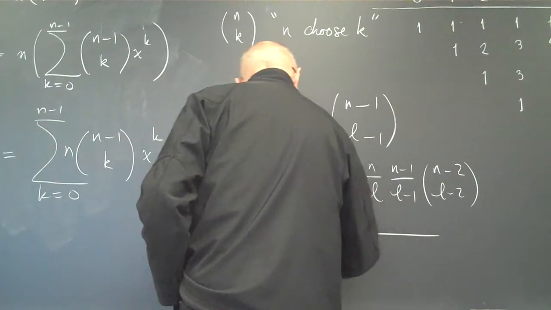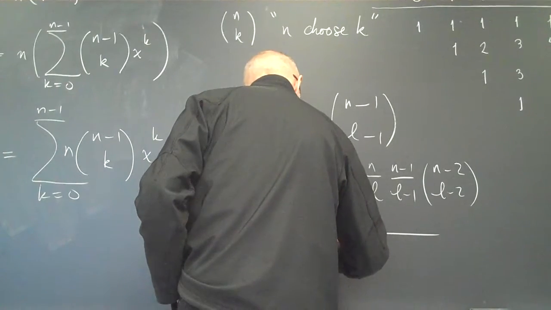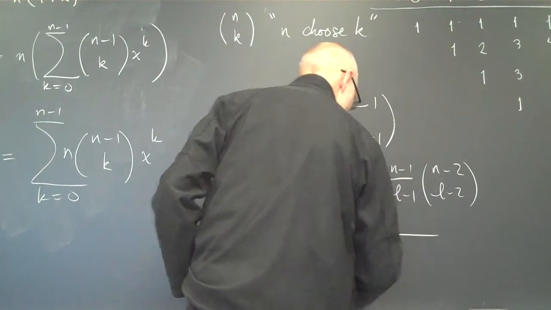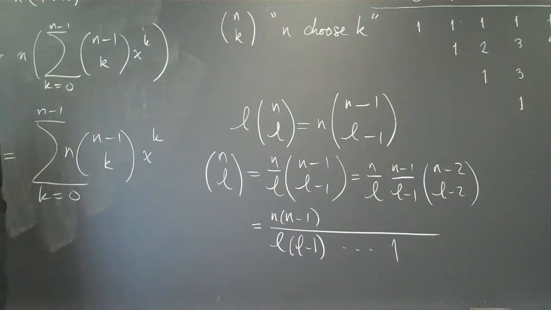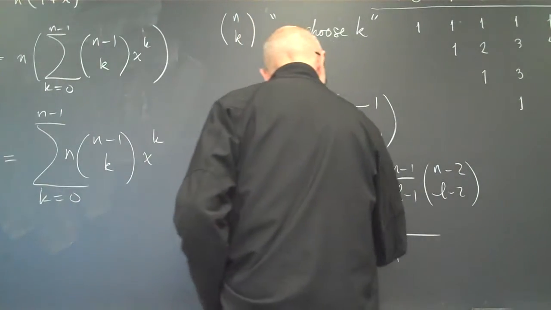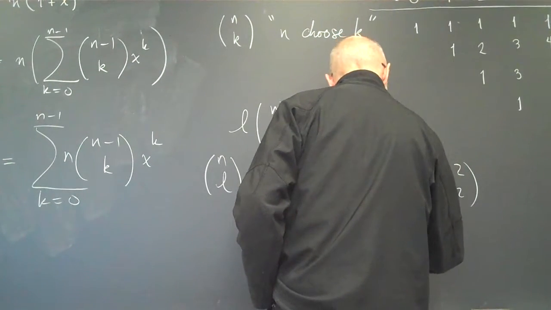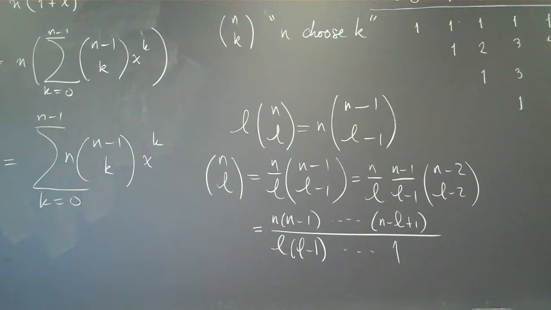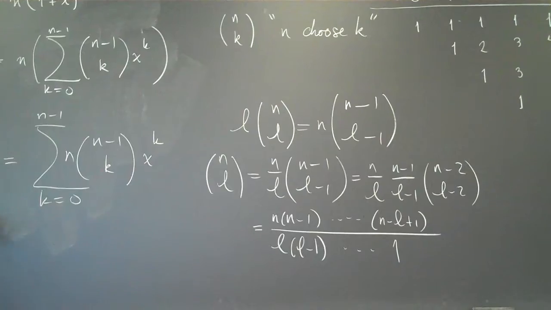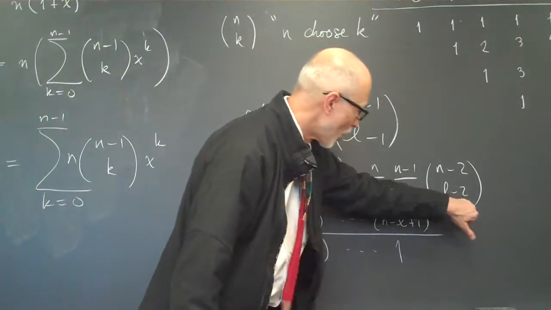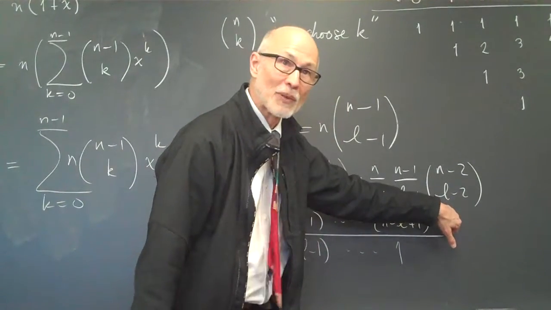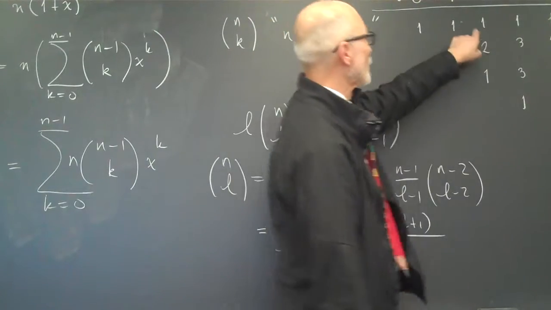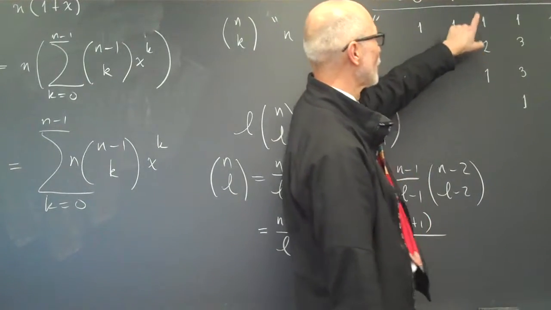And when do the cows come home? Let's see. It's when I get to 1 in the bottom. And on the top, I'll get to n minus L plus 1. That is, there are L. When I get to 1 here, I stop because I've gotten to this row here.